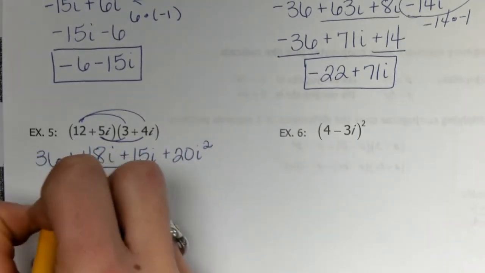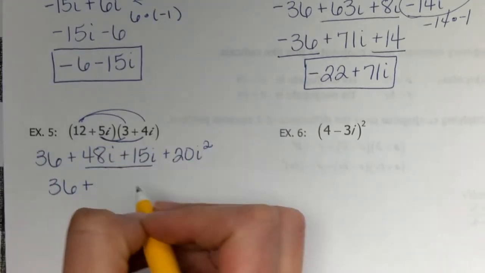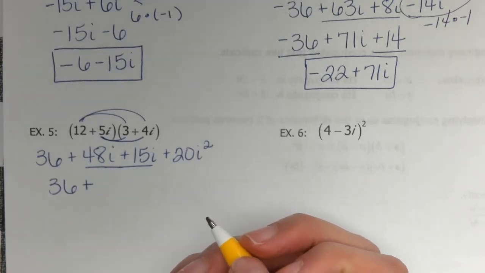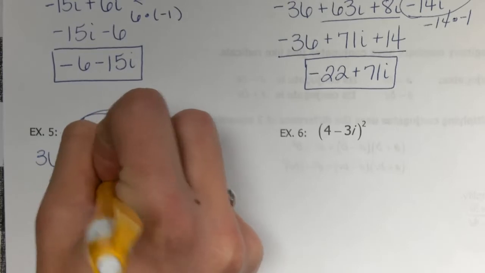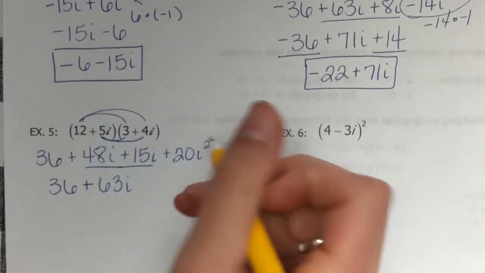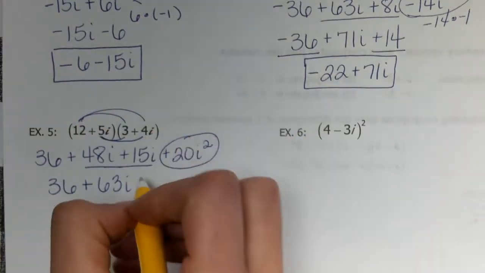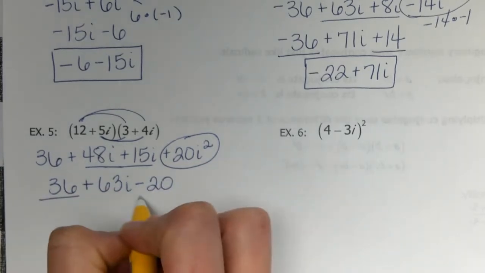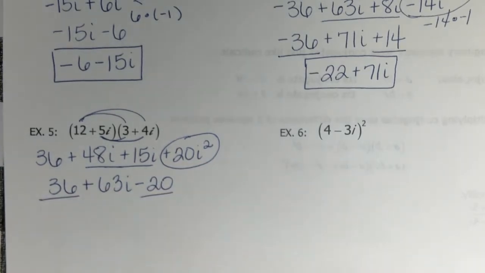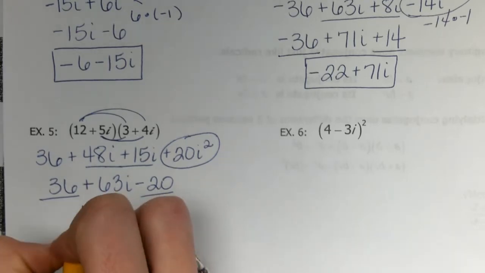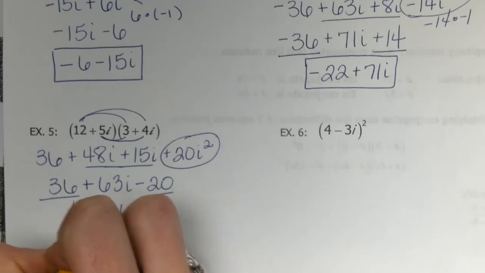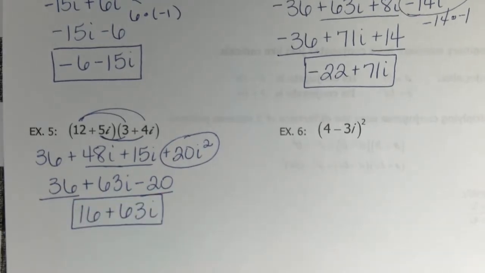I've got 36 plus what? 48i plus 15i, 63i. And then that 20i squared turns into negative 20. Yep. 36 minus 20. Yep. 16 plus 63i would be my final answer.